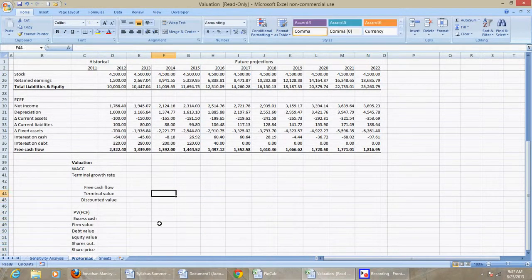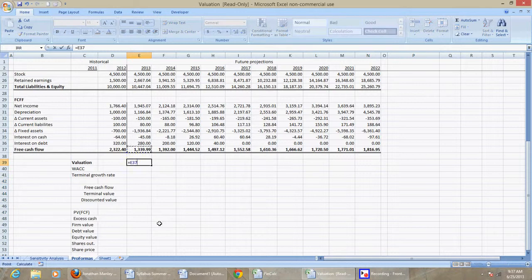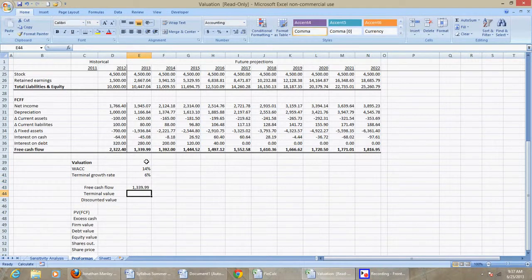To do the valuation, I might just recopy these. Not at this point. I need the weighted average cost of capital, which would be something like maybe 14%. A terminal growth rate, something like 6%. Here are my free cash flows. The discounted, I'm not going to have a terminal value here, but I want to discount each one of these at 1 plus the weighted average cost of capital.